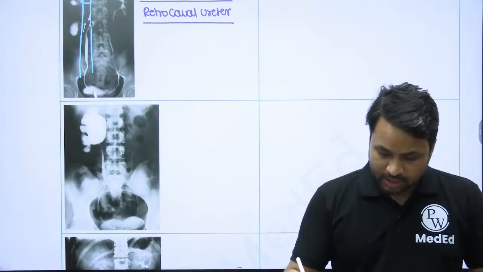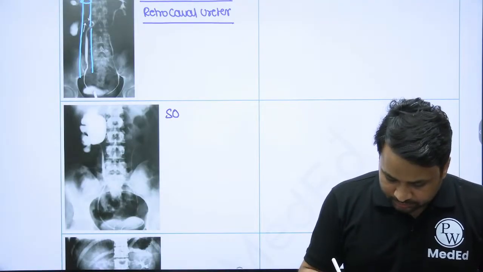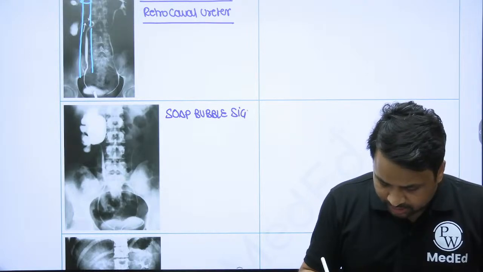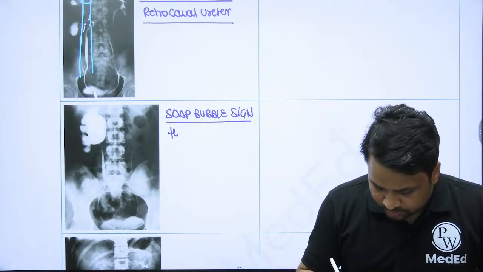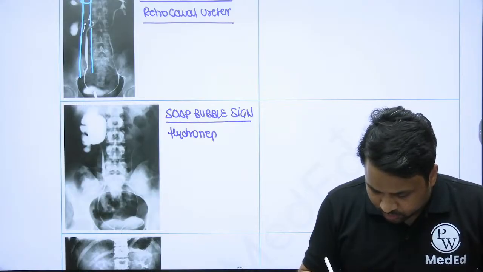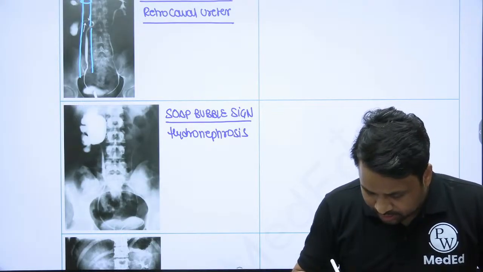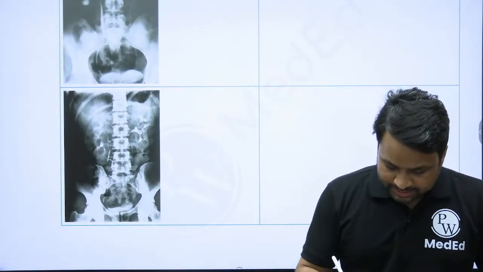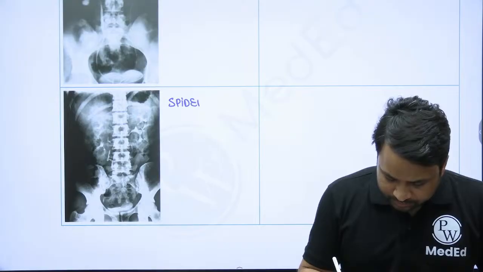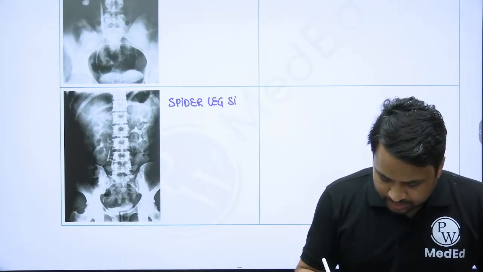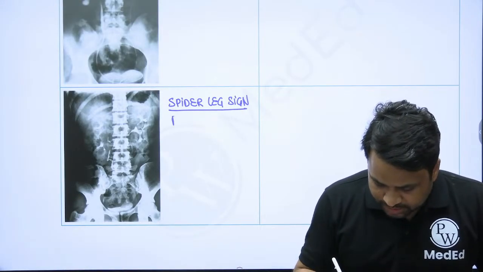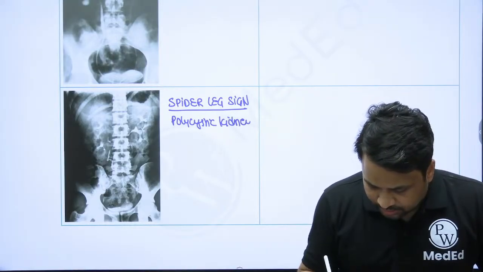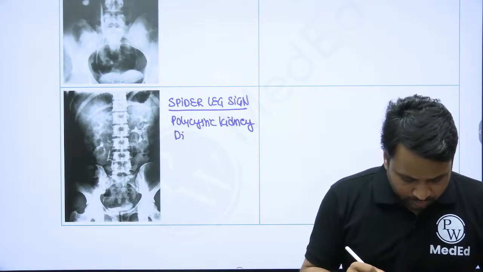This is your fissure. This is what we call the soap bubble sign of hydronephrosis. This is your spider leg appearance of polycystic kidney disease.